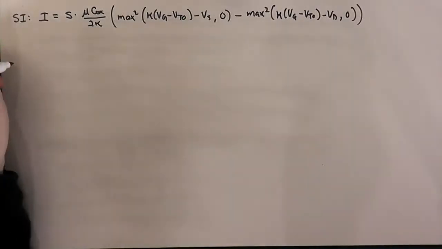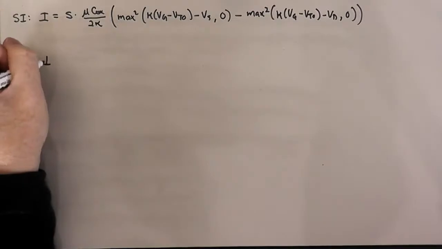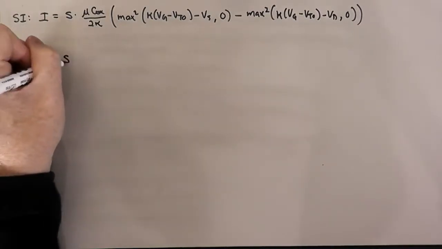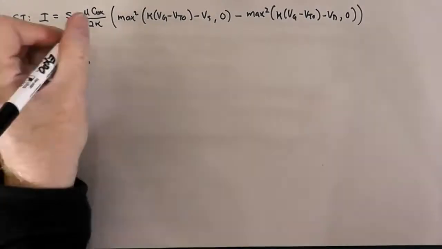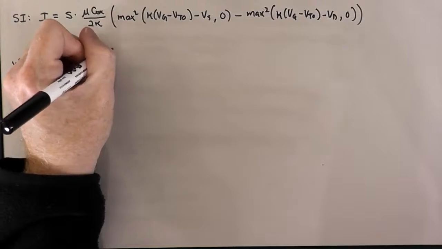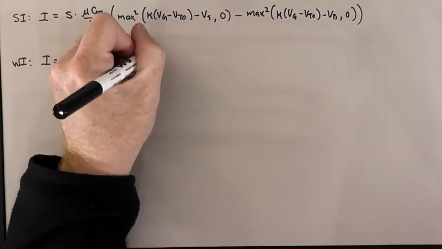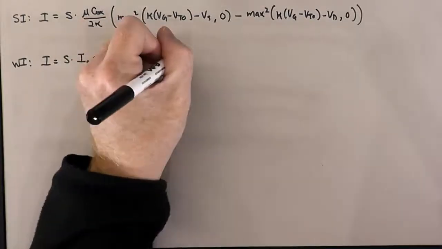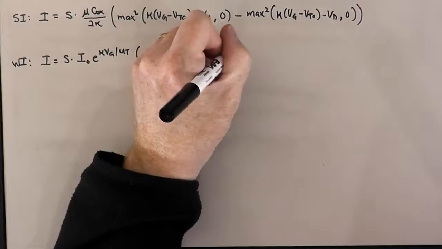The weak inversion model was I equal to S, the strength ratio, times I0 e to the kappa Vg over Ut times e to the minus Vs over Ut minus e to the minus Vd over Ut.